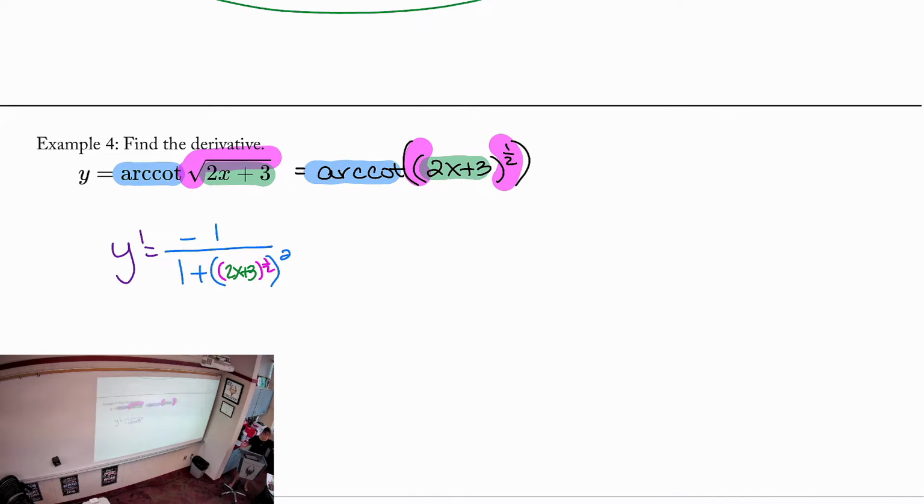Okay, doll number 2 is times 1/2 something to the negative 1/2. That something is your 2x plus 3. That's doll number 2. And then doll number 3 is the derivative of 2x plus 3, which is 2.